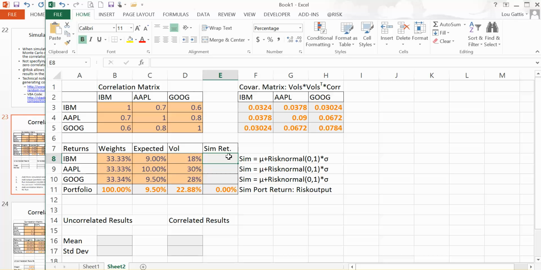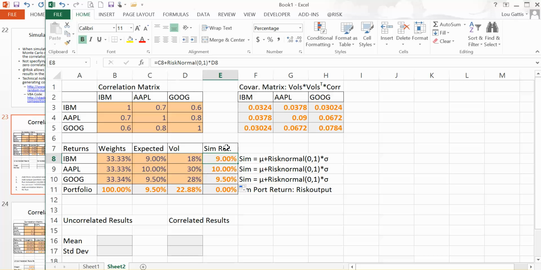I'm then going to estimate my random walk simulation for each asset equals the mean plus the RiskNormal(0,1). That's my random variable z times the standard deviation. So there's my random variable for IBM, Apple, and Google.